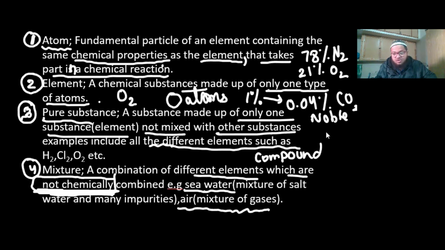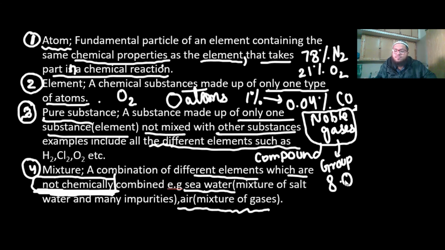And by the way, do you know what noble gases are? Noble gases are those gases which are present in group 8 of the periodic table, group 8 or group 0. It's written in Roman numerals, group VIII of the periodic table.